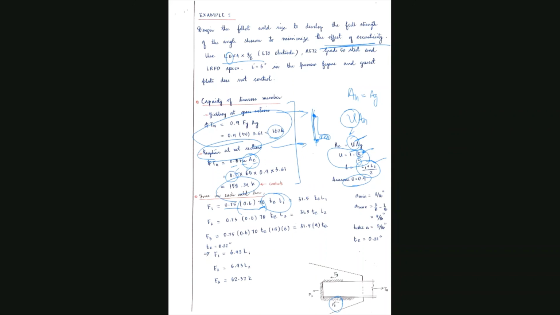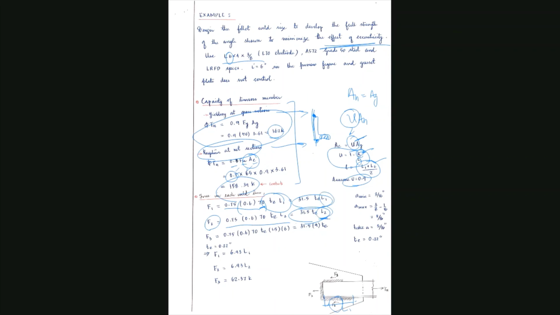If this is L1, you get 31.5 TEL1, and F2 is calculated similarly, except that the length is different, so it is L2, and the unknowns here are L1 and L2.